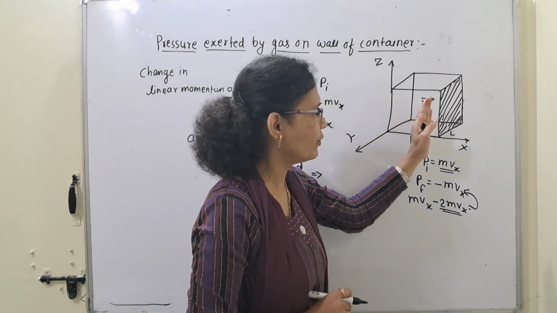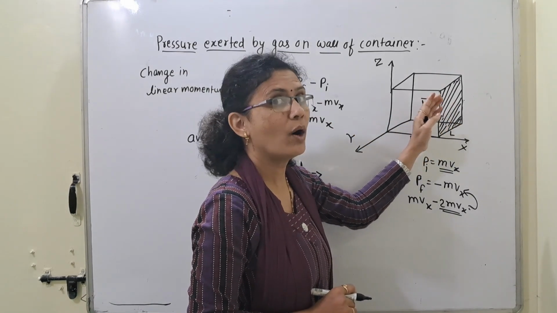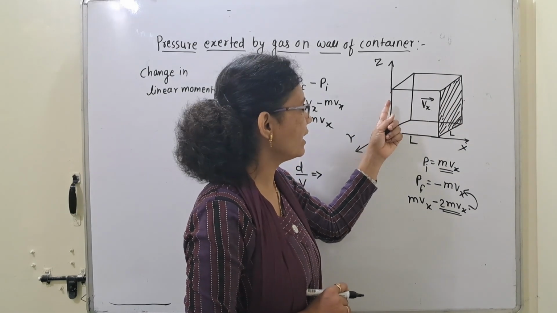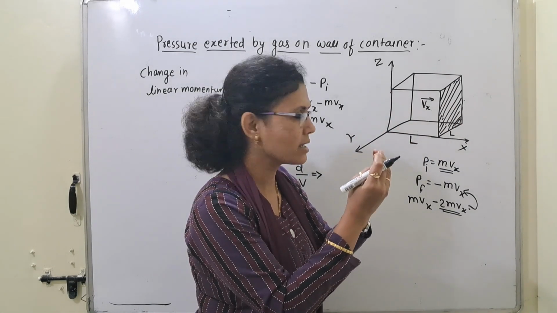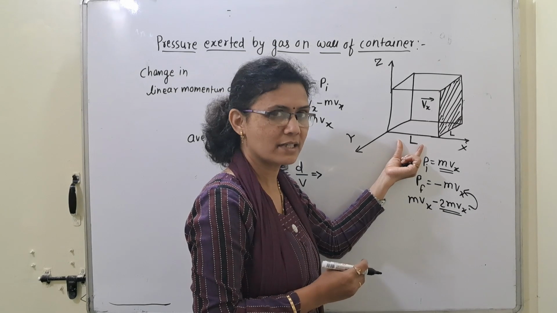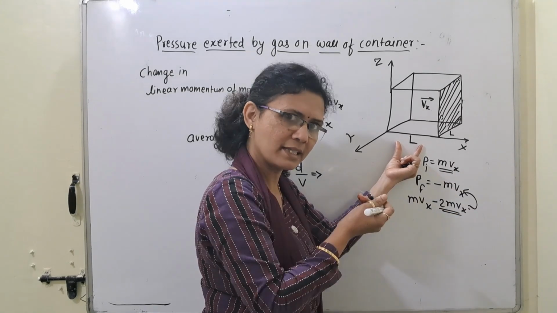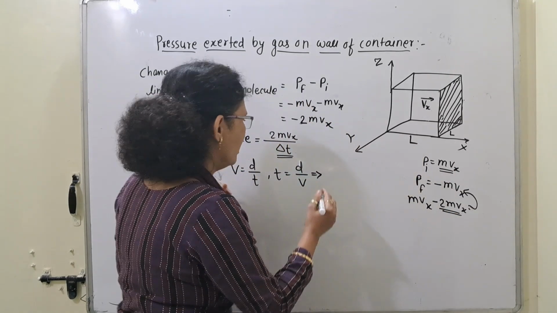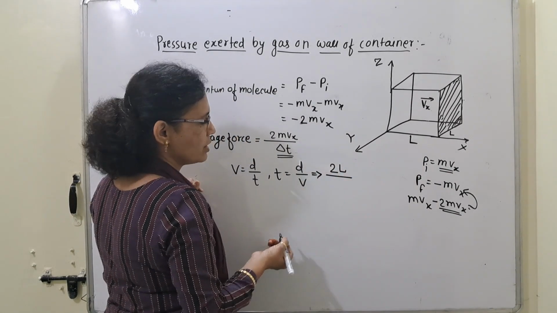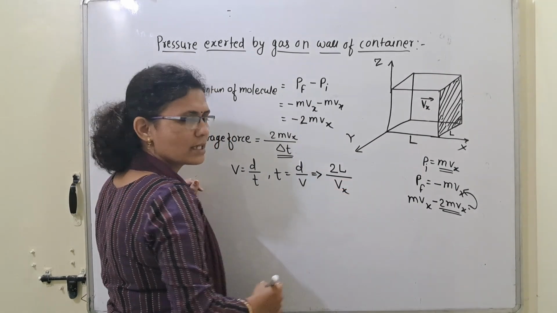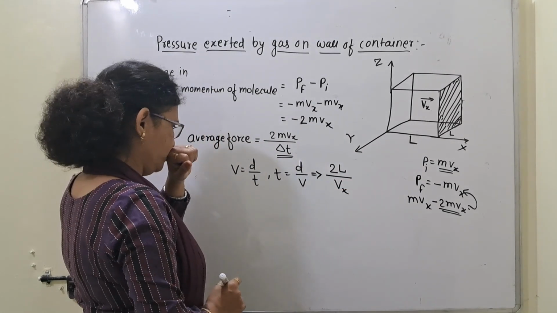It first collides with this wall, bounces back, and again collides with this wall. In between, it covers the distance L plus L, that is 2L. Therefore, distance will be 2L. And what is the velocity? Velocity we know, it is vx.